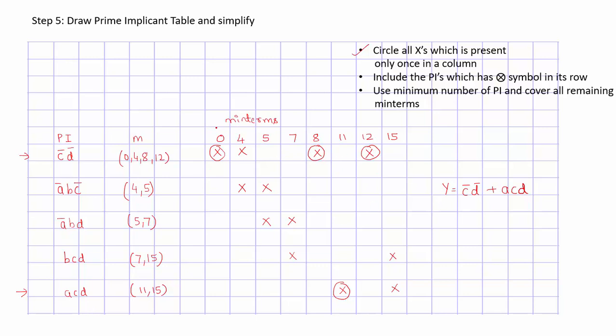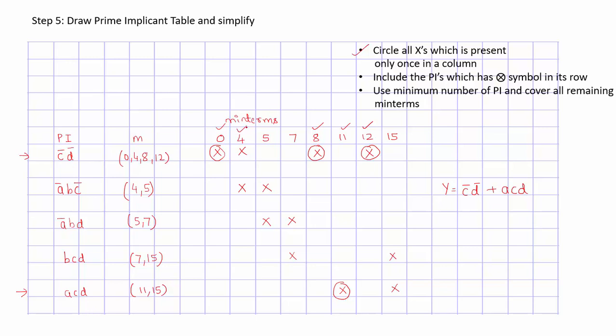So now that 0, 8, 11 and 12 are covered, when you select a particular prime implicant, keep in mind that all the minterms that form the prime implicant also get covered. So by selecting C bar D bar, you will cover 0, 4, 8 and 12.